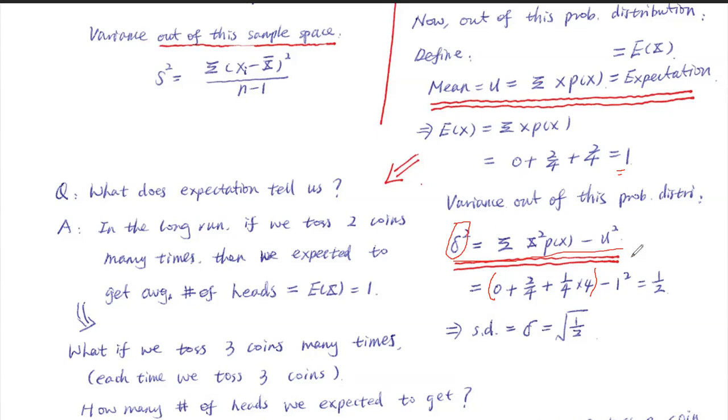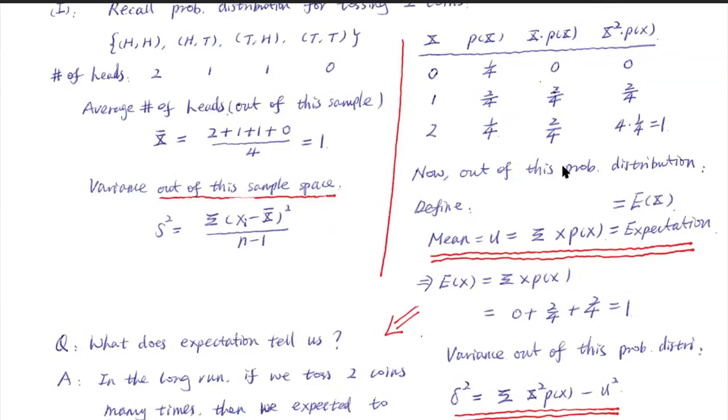So far, so good? Professor? Go ahead. In the table, in the fourth column, how did you get 1 for the third row? Okay, let's check. So in the table, how do I get the third row? This one here? Yes.